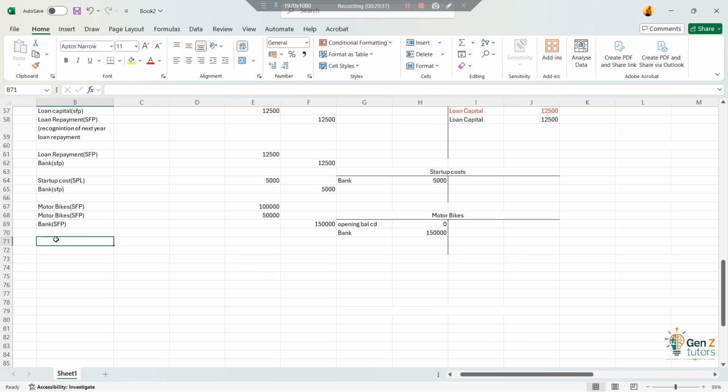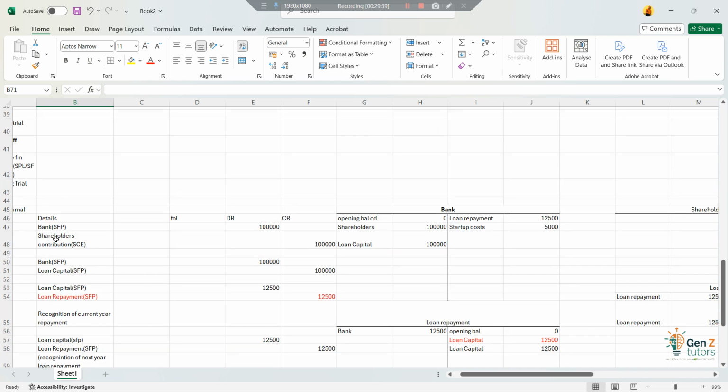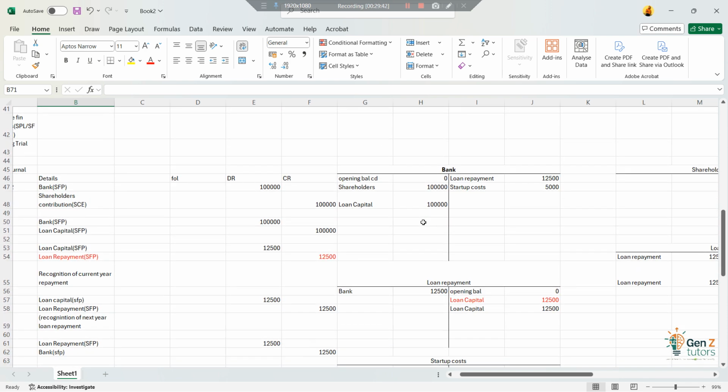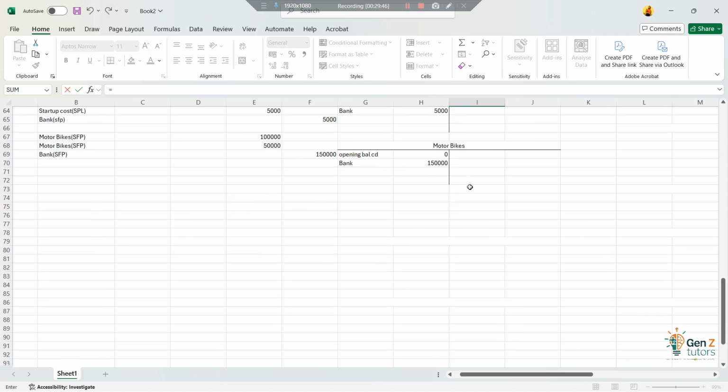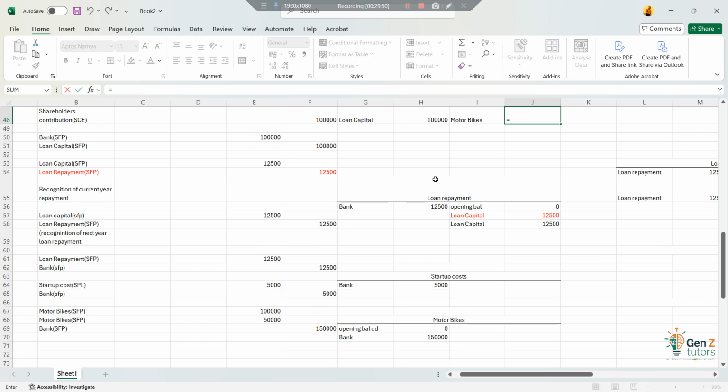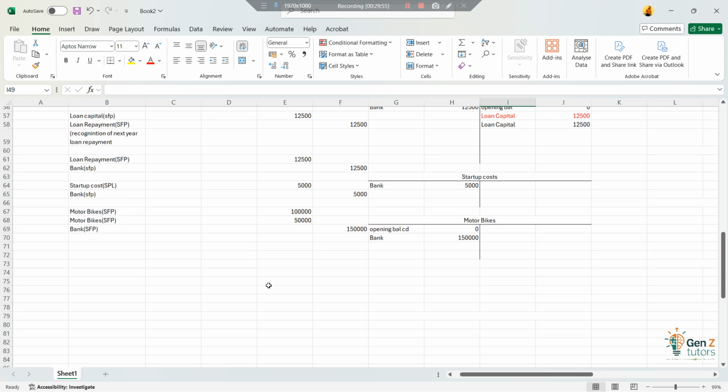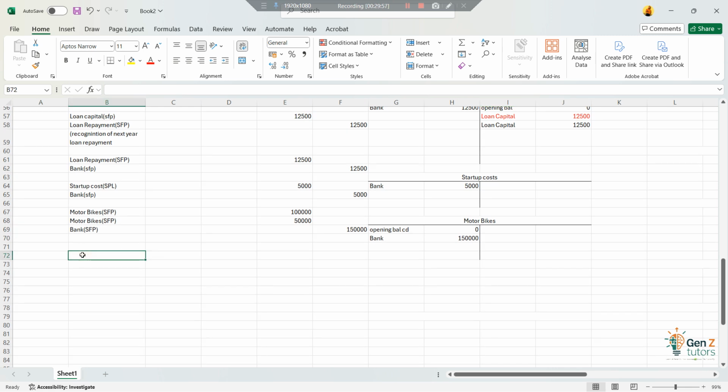Sorry about that, let's fix that. It was 150,000, and that 150,000 is due to what? You paid for it via bank. So we go to bank and link this in here. That was due to bank, and we leave it like that. Then we're done with our transaction regarding motorbikes here.